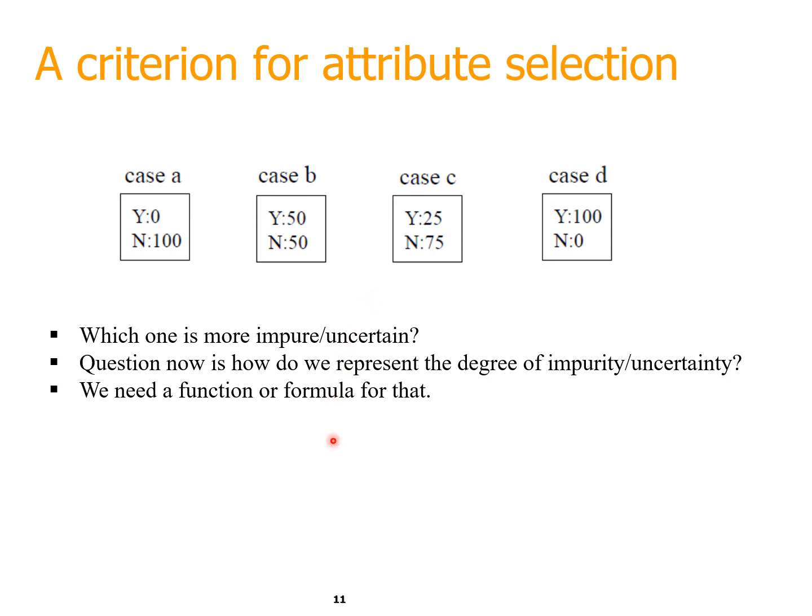By the way, we're gonna compute the degree of impurity instead of the degree of purity. Either way is fine, but in this lecture, we're gonna use the degree of impurity or uncertainty.